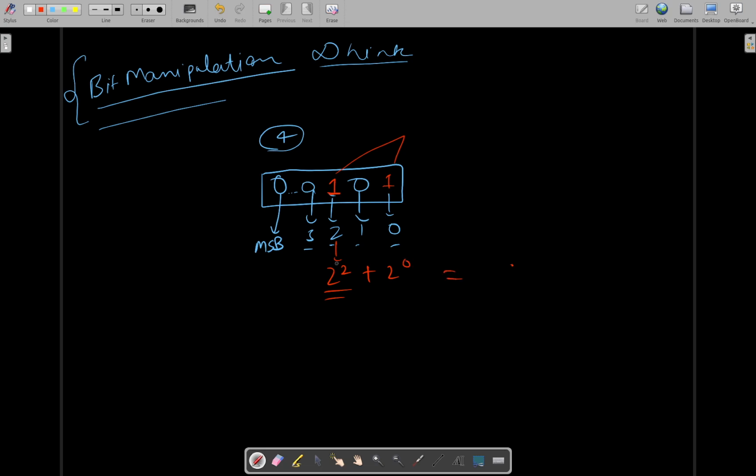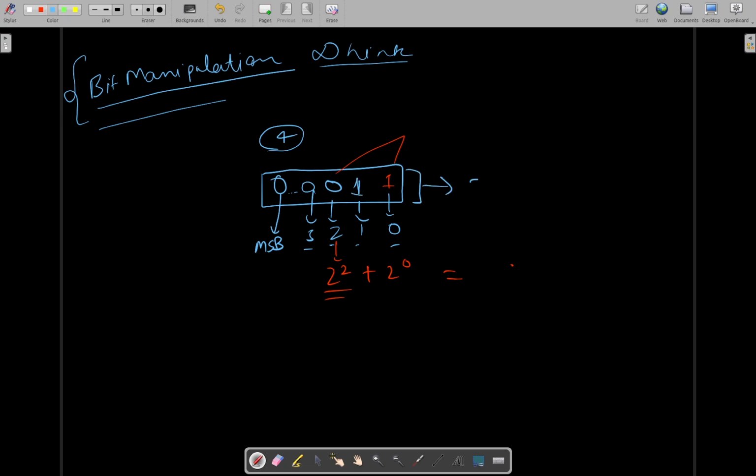Instead of this second bit being set, the bit in 3 which will be set is this one. So this will be 0, and this one will be set for 3.